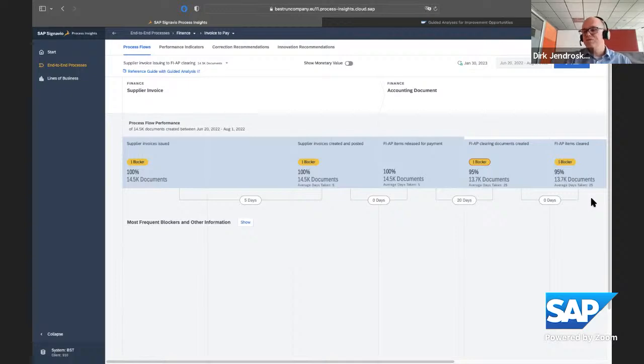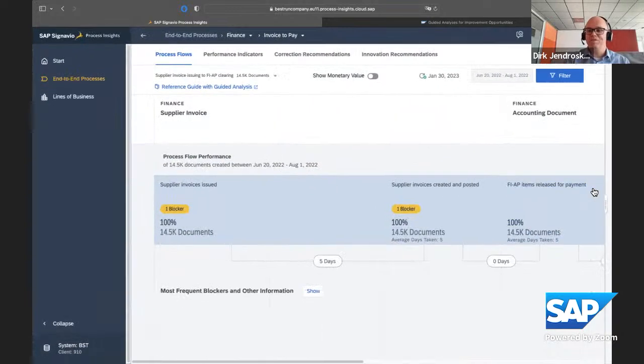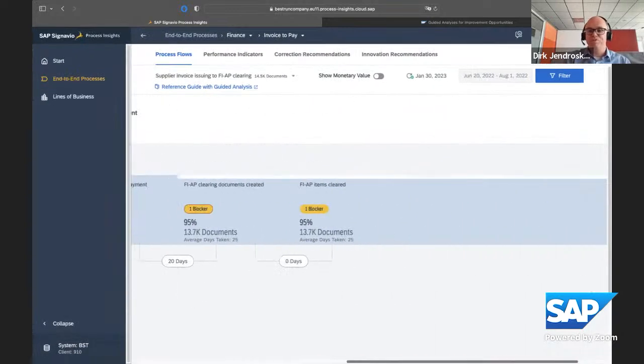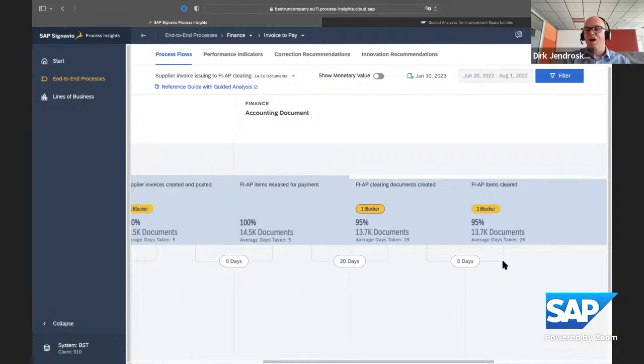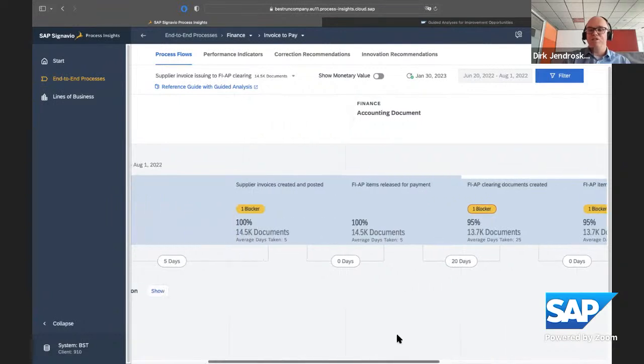And if you look into this, what you see here on the right-hand side, and let me zoom in a bit. I know it's not perfect on a smaller screen. But what you see here is that it took 25 days on average. And especially this step from items being released for payment till the clearing documents are created, it takes us 20 days.